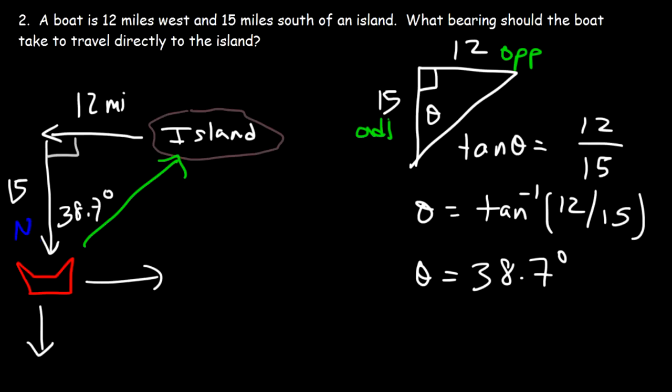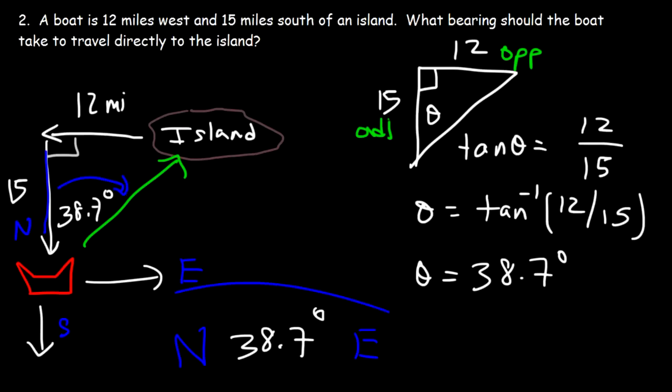Now this is north relative to the boat, this is south, this is east. So the bearing is north 38.7 degrees east. So from the north line, he has to travel 38.7 degrees east to get to the island. So this is the bearing.